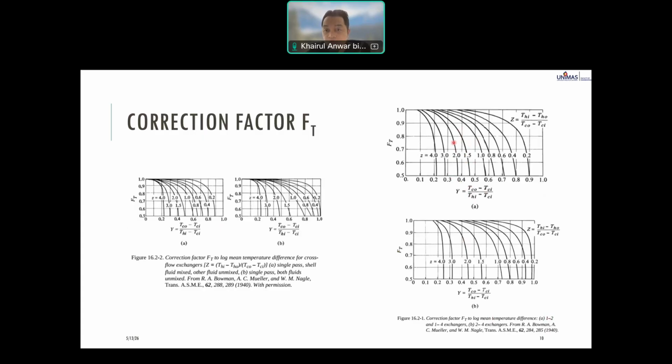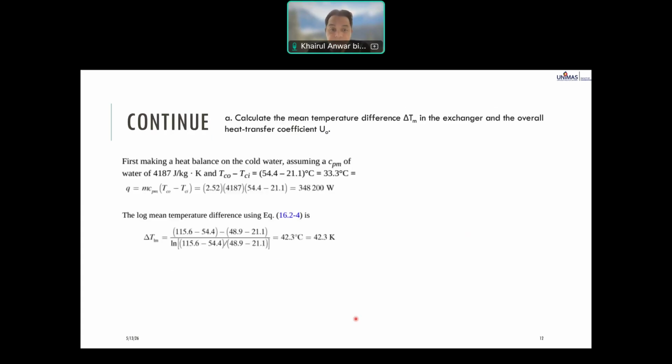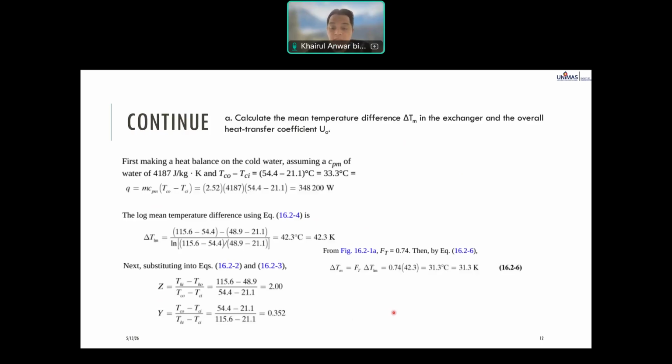Then we identify the FT, then multiply by delta TLM to get the true delta TM, which is 31.3 degrees C.